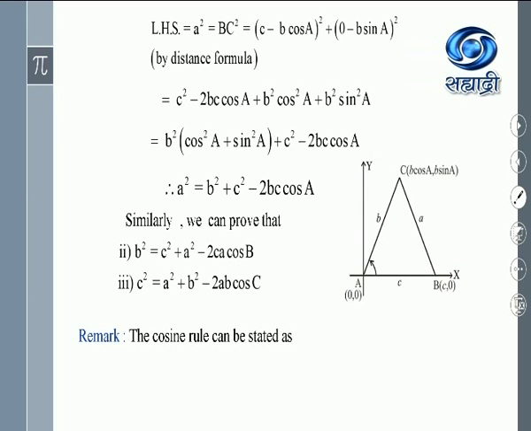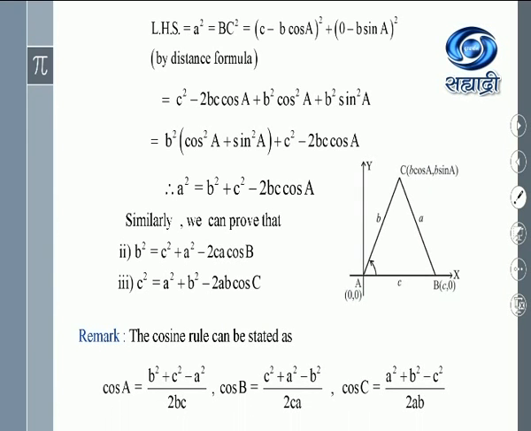Now the cosine rule can also be stated as, see how to write, cos A is equal to B square plus C square minus A square upon 2BC. See how to find that.